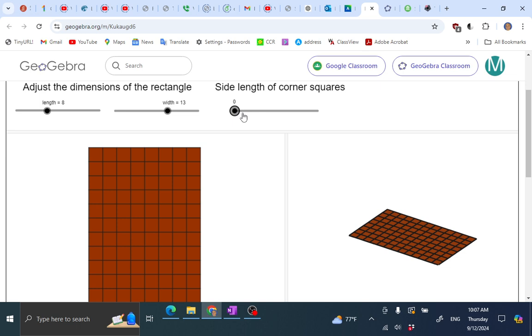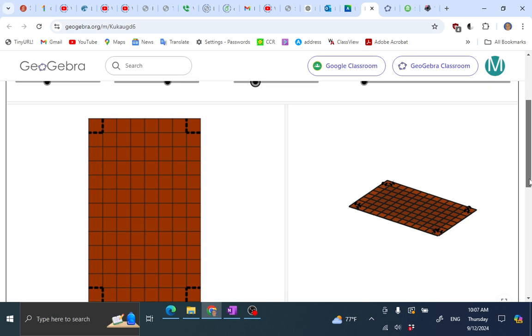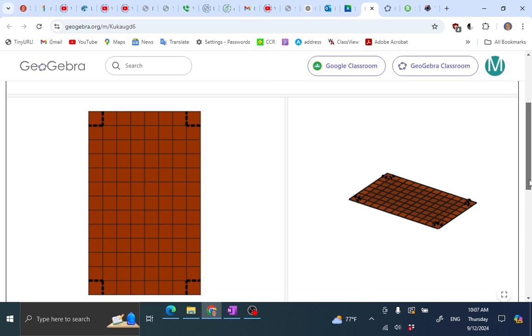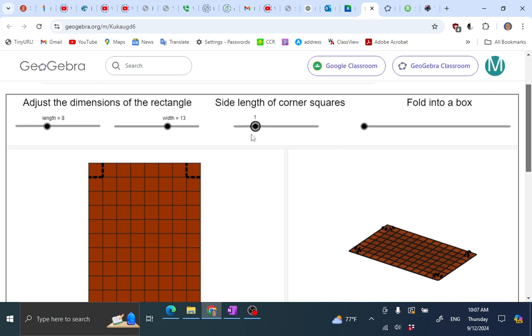For example, I decide to cut a square of size 1 from these corners. We are doing this from all the four corners, but to have the control, I hide the bottom two. So if you want to cut a square of size 2 or size 3, and the maximum you can cut is 4, of course. Let's just pick, for example, 2.